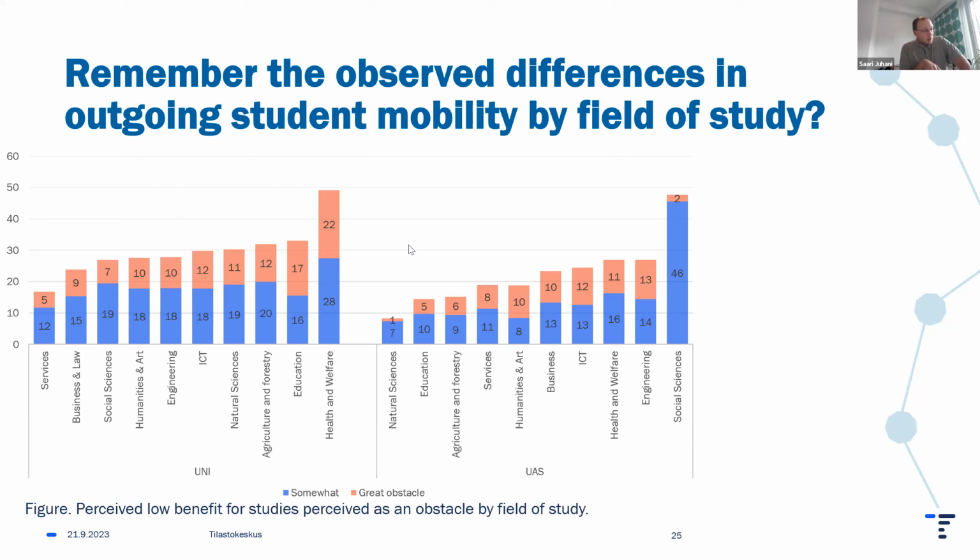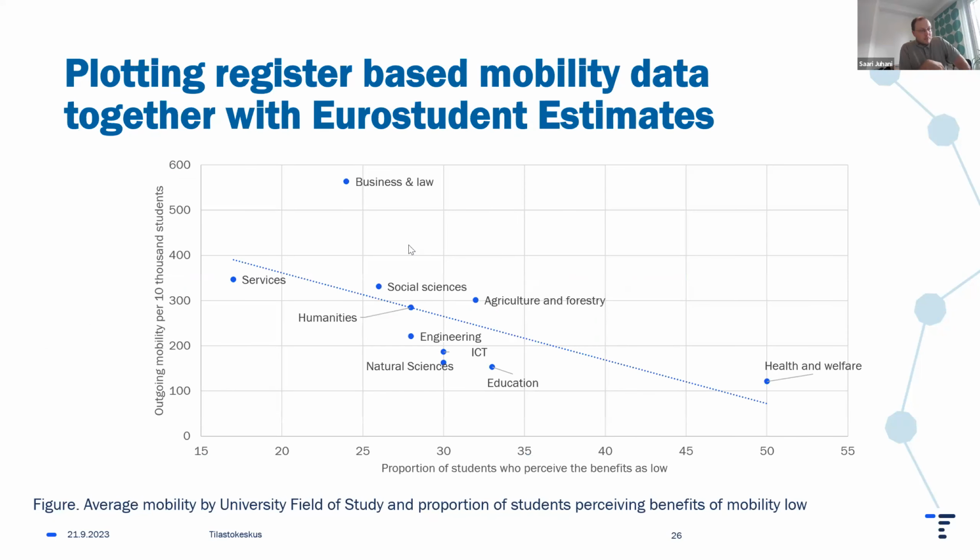What will happen if we plot the two measures together in the same graph? The perceived utility as measured by EUROSTUDENT and the relative number of outgoing student mobility from our national educational statistics. You end up with a plot like this.